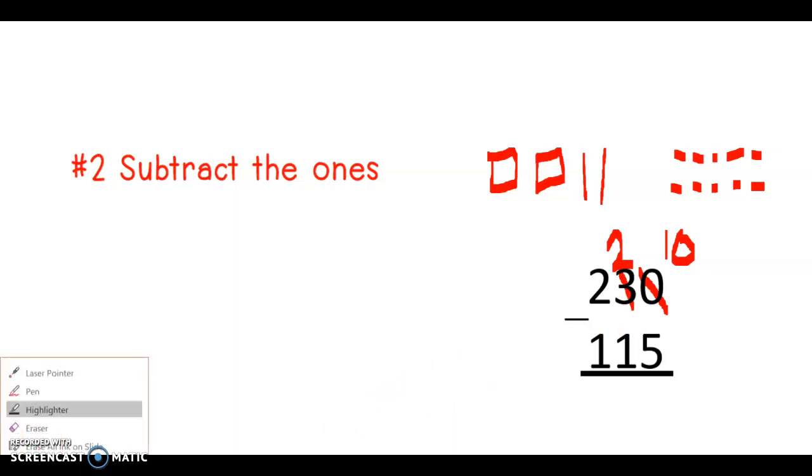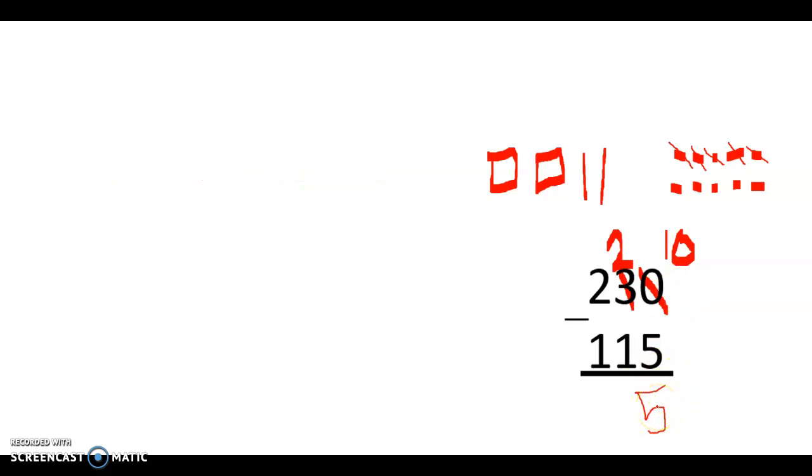So now I can subtract my ones place. 10 minus 5 is going to give me 5 remaining. So 10 minus 5 gives me a difference of 5. Okay, now I can subtract my tens. I have 2 tens and I'm subtracting 1 ten.